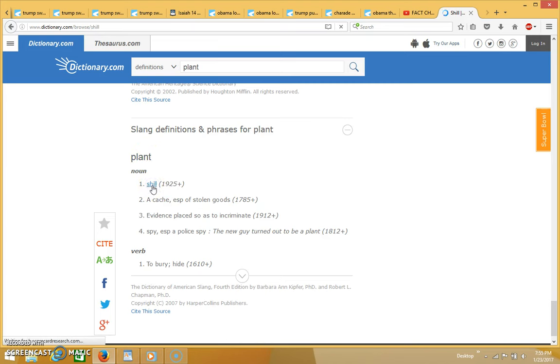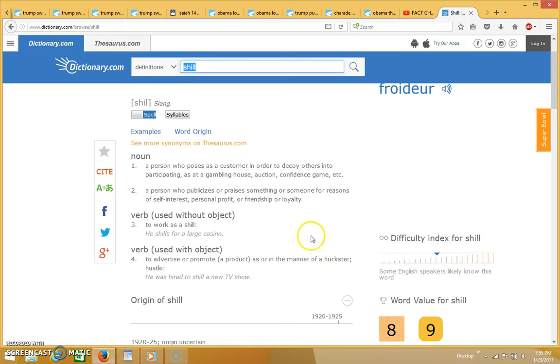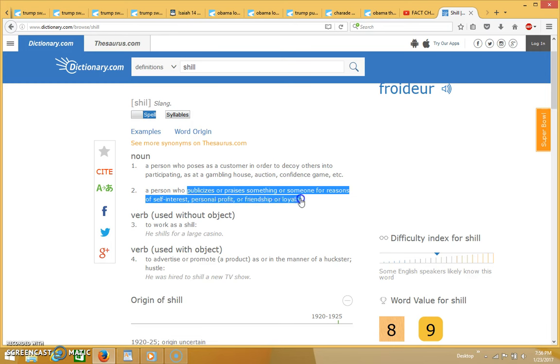And if you look at the meaning of shill, the first meaning says a person who poses as a customer in order to decoy others into participating, as at a gambling house, auction, confidence game, etc. And the second meaning is a person who publicizes or praises something or someone for reasons of self-interest, personal profit, friendship, or loyalty.